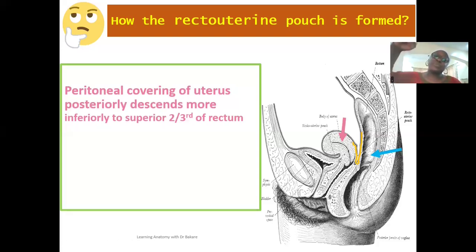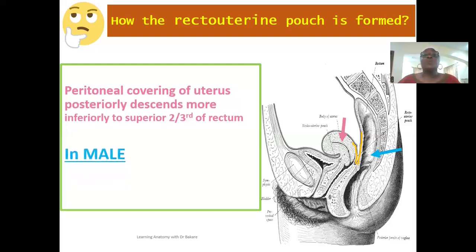So it is just the superior two-thirds of the rectum that is covered with peritoneal covering. And this is how we have the formation of the rectouterine pouch that can also be referred to as the rectovaginal pouch. And we'll try to illustrate why it can also be referred to as the rectovaginal pouch, because the extension of the peritoneum also goes down to the point where we have the vaginal fornix. This pouch we say can also be referred to as the pouch of Douglas. So this is how it is formed.